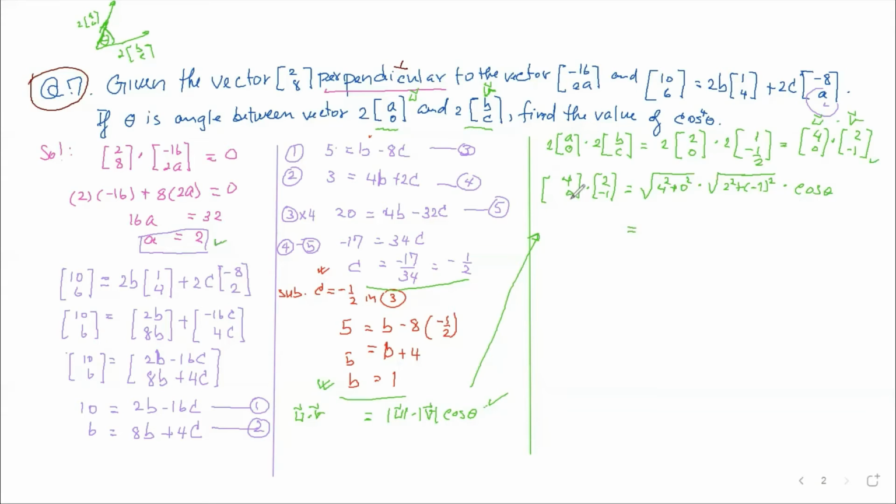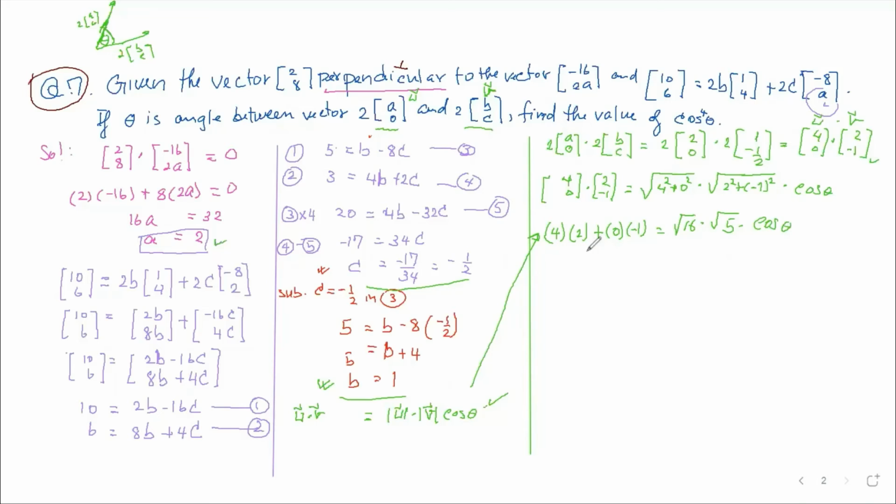After this, use the formula: this one times this plus this times this. So we have 4 times 2 plus 0 times negative 1 on the left hand side. And this one is going to be 16 times this one, 4 plus 1 becomes 5, and then times cosine theta.